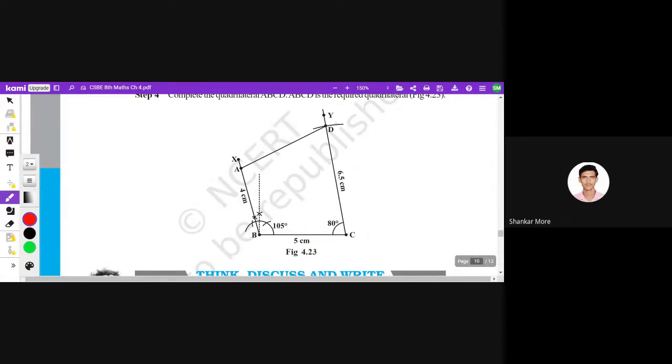So you can just draw CD now with angle 80 degrees. ठीक है, 80 degrees से आप CD draw कर लो and once you draw CD of 6.5 centimeter, just connect A and D. So that's it. Please draw your figures. Okay, done.